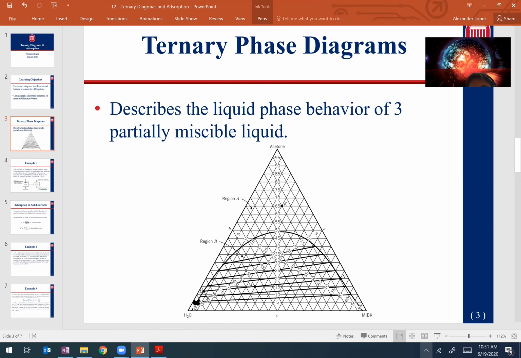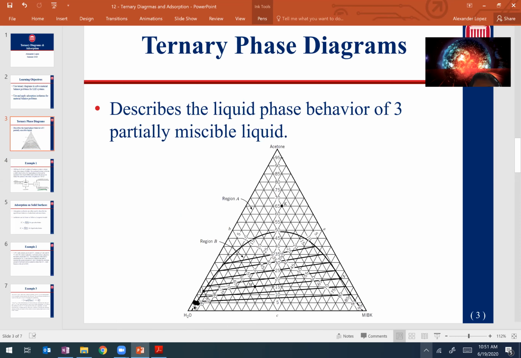So for this ternary system, in only specifying the mass fraction of the acetone, I actually specified the mass fraction of both phases.